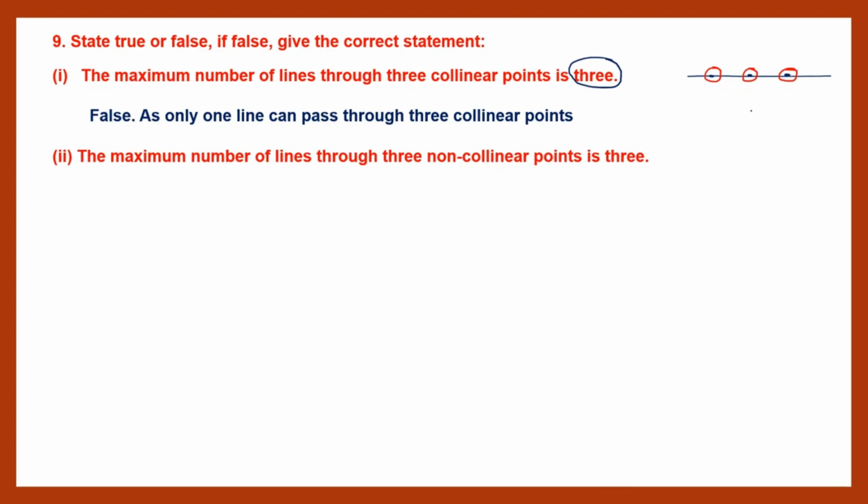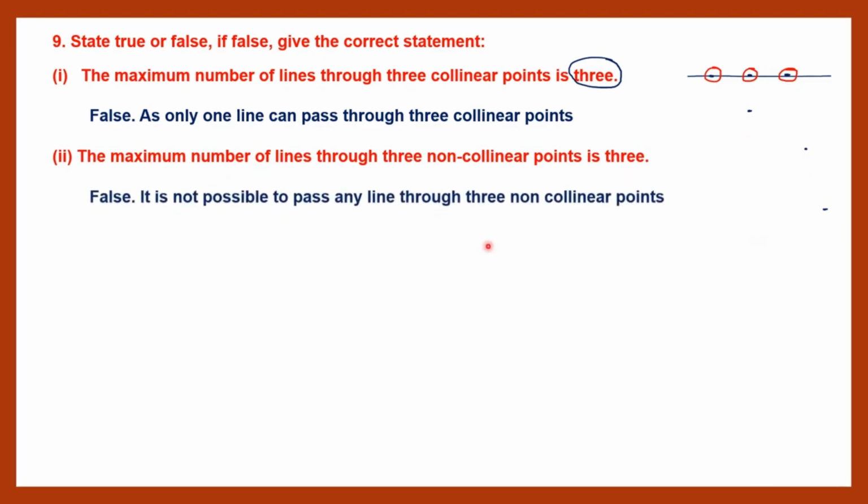Non-collinear points, you can have points anywhere like that. So here they're saying the maximum number of lines through 3 non-collinear points is 3, and that statement is false because it is not possible to pass any single line through 3 non-collinear points. You'll only get different lines. You can't get 3 straight lines passing through them. So the statement is false.